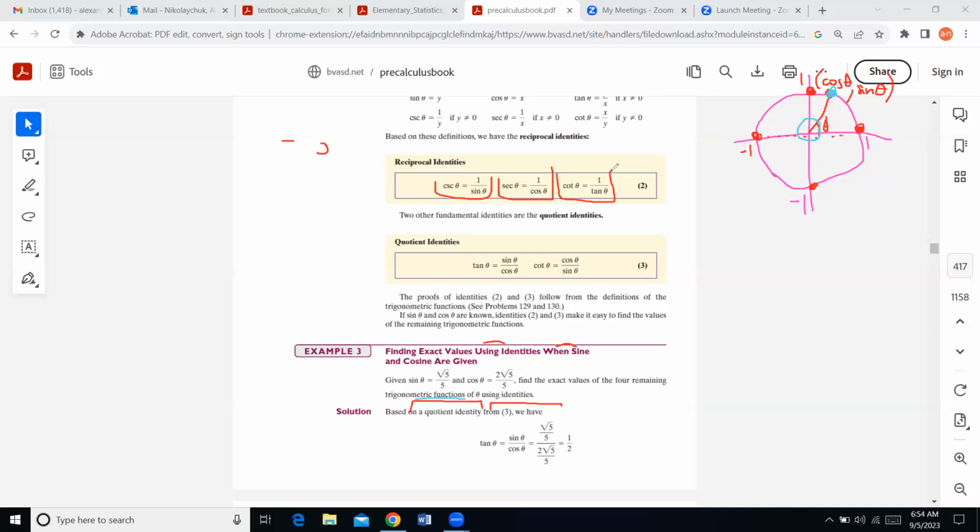And of course, vice versa. So sine is a reciprocal of cosecant, cosine is a reciprocal of secant, and tangent is a reciprocal of cotangent. This could be used when you do various exercises, when you simplify things, but we need to, of course, be familiar with the fact that tangent is sine over cosine. And of course, its friend cotangent, its reciprocal, is cosine over sine.